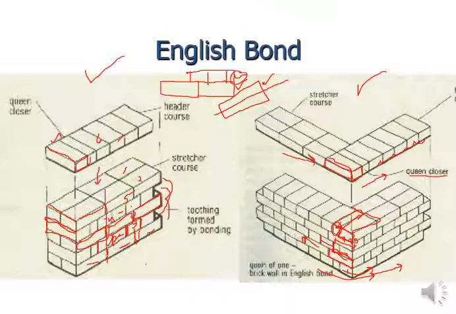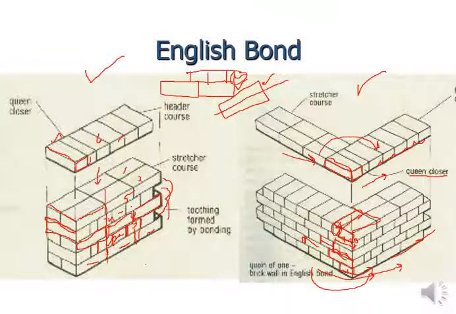Okay, so similarly, your header course is going to be converted into stretching course. Here headers you have placed. So header means this is 4.5 inch dimension. So which dimension are you expecting on the other side? This is full brick. So 9 inch dimension on the front face of the other directional wall. So here again you are placing another 9 inch, all stretching. So your header course is converted into stretching course and your stretching course is converted into header course.